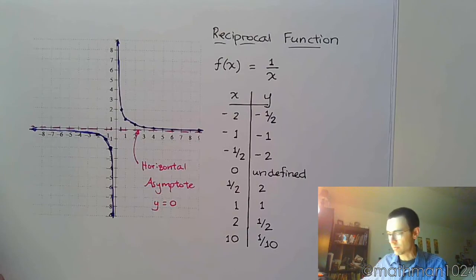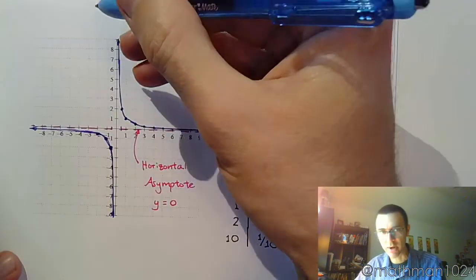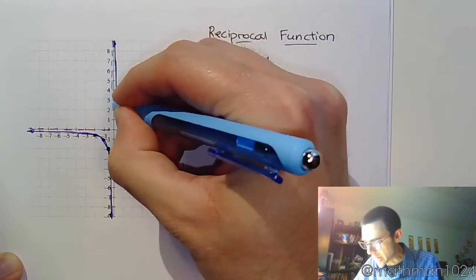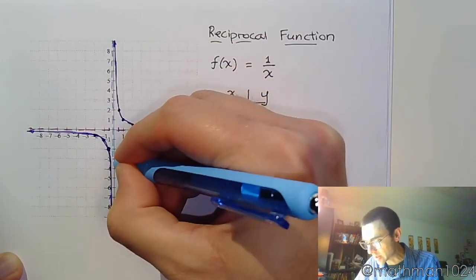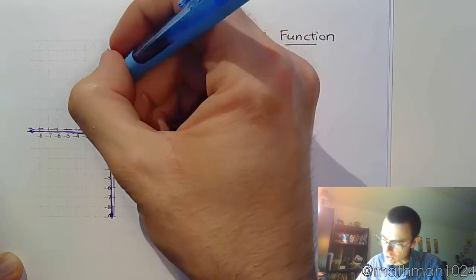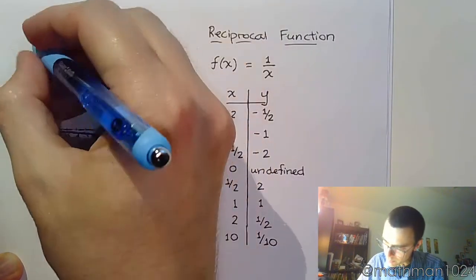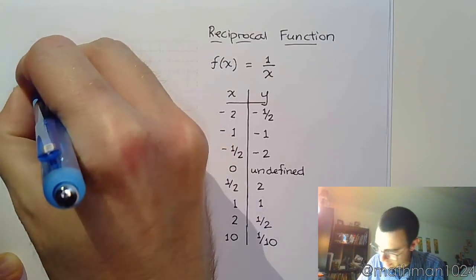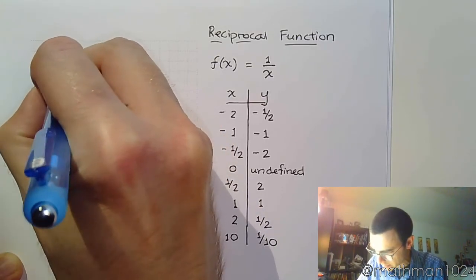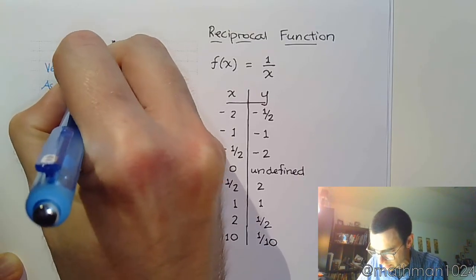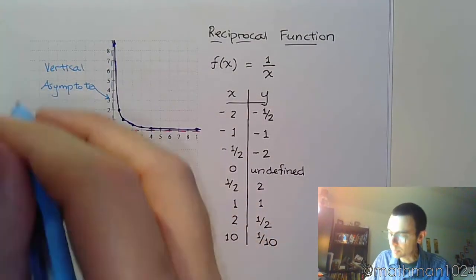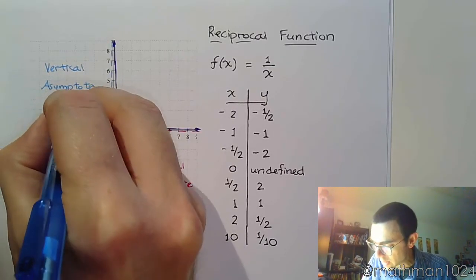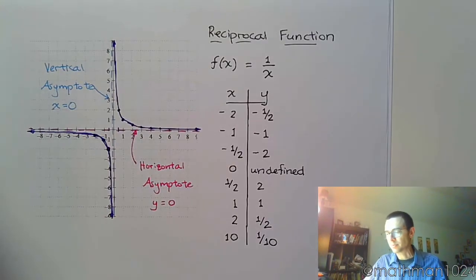Now there's this other asymptote that we have right here. So you see how we're getting closer and closer to the y-axis, but we never actually touch that. So just as you have a horizontal asymptote, we have a vertical asymptote. And for this example, and for a lot of these key functions, these parent functions, that's going to be x equals 0.